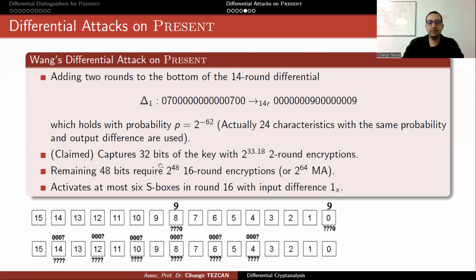So they claim that they captured 32 bits of the key with this many 2-round encryptions or decryptions. And then they say that the remaining 48 bits require 2 to the 48 16-round encryptions, which can perform memory accesses like this. And they say that this attack works because it activates at most 6 S boxes in round 16 with input difference 1.